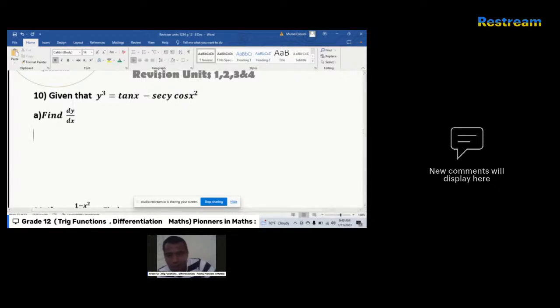Find x equals y over 4. Learners will now solve this question.